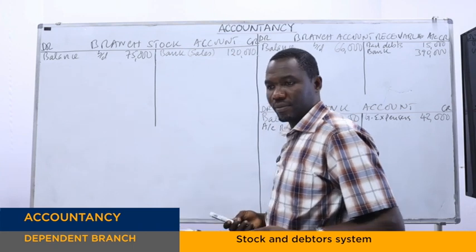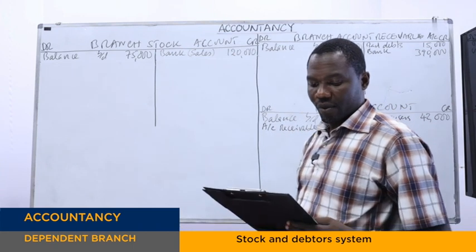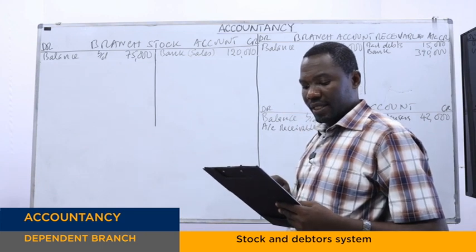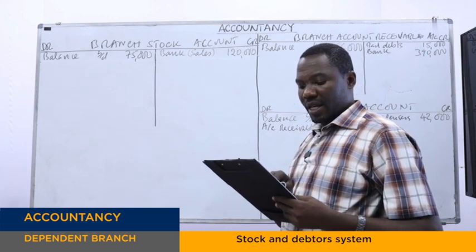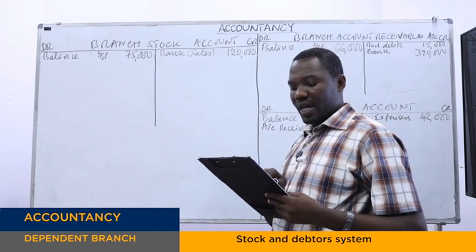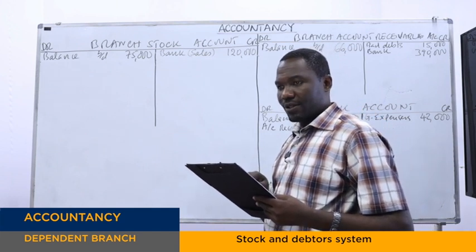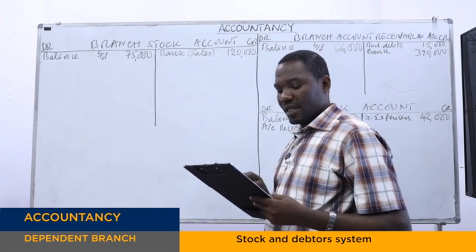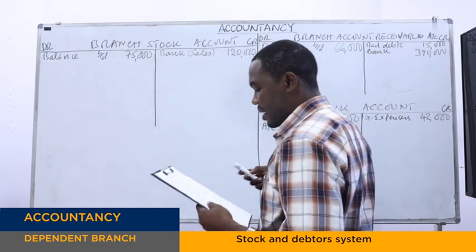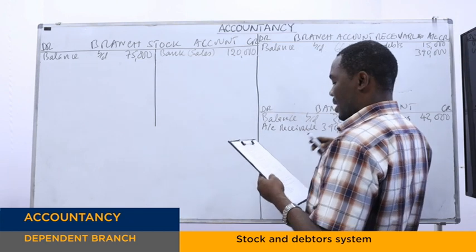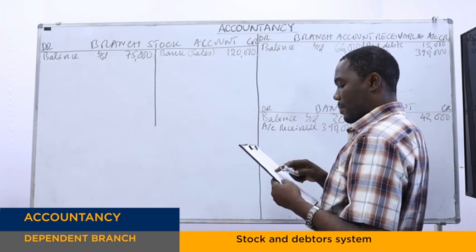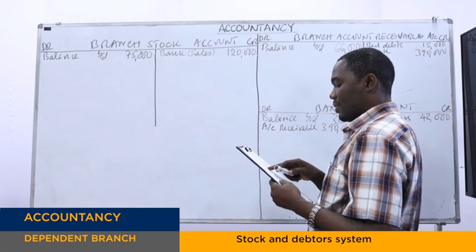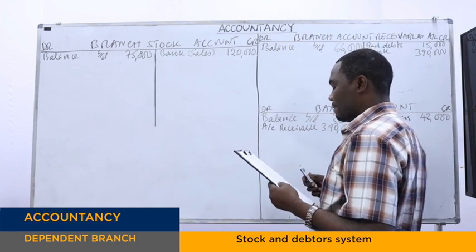Then there is, yes, there is a cash transfer from the bank to head office bank account. So for cash transfer, this was a transfer from the branch to head office.